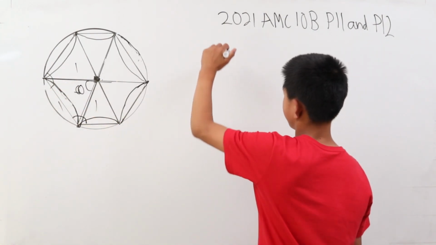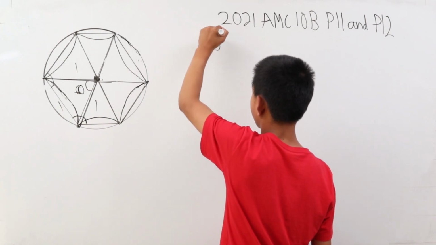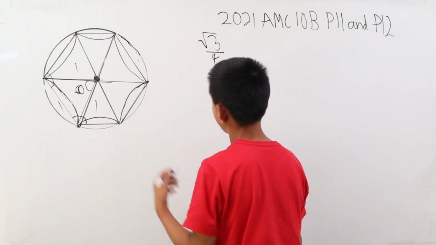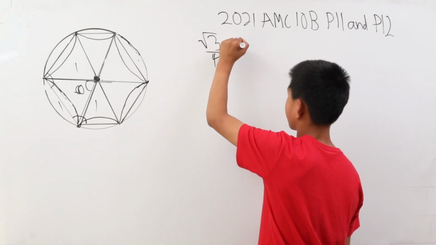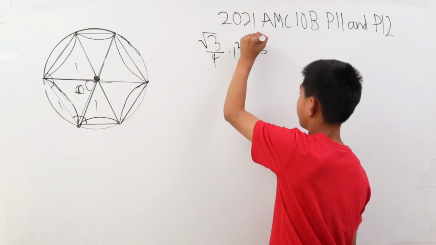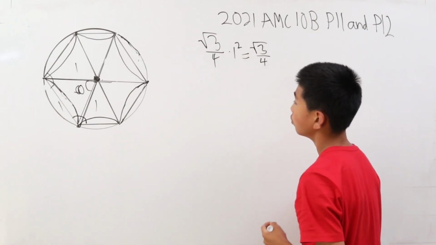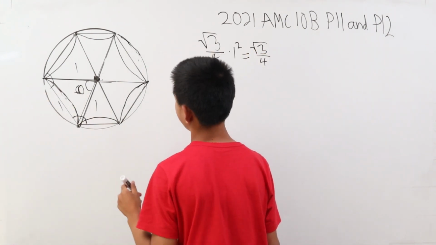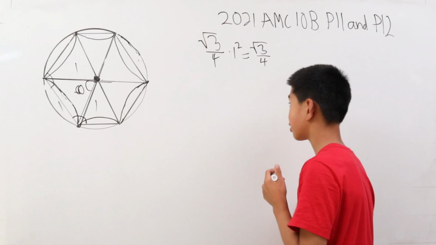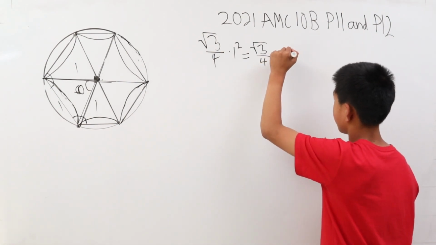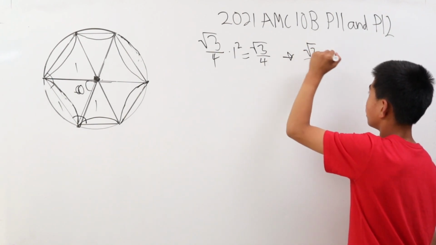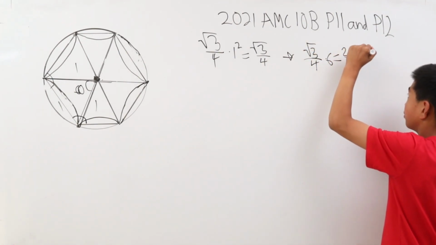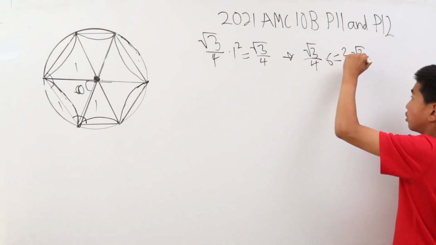The formula is √3 over 4 times the side length squared, which is just times 1 squared. This is √3 over 4. That's the area of one of these equilateral triangles. There are 6 of them, so we multiply by 6. √3 over 4 times 6 is 3√3 over 2.